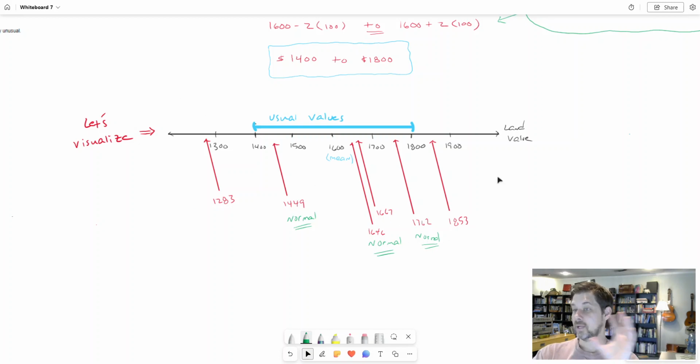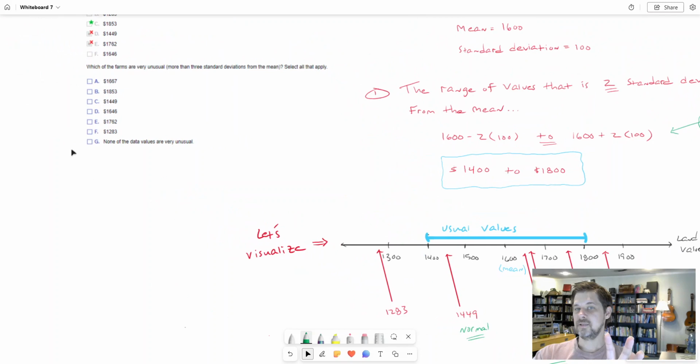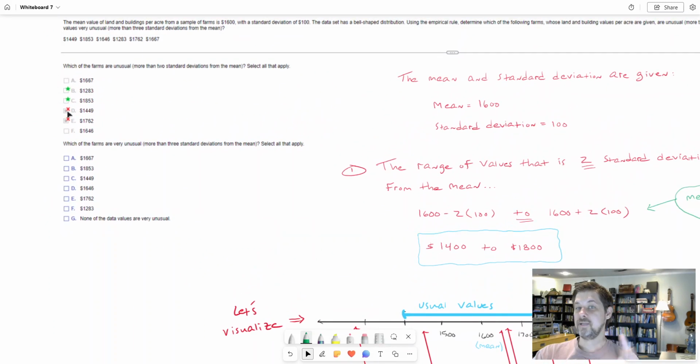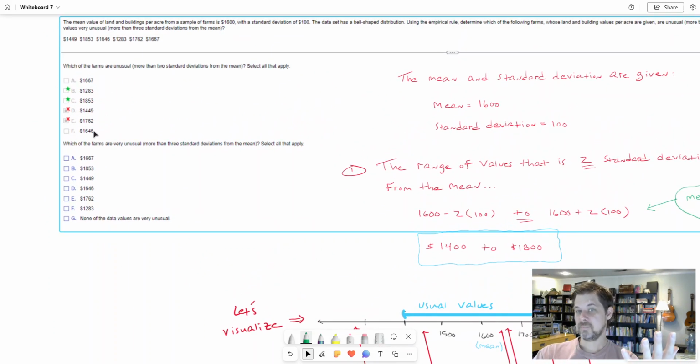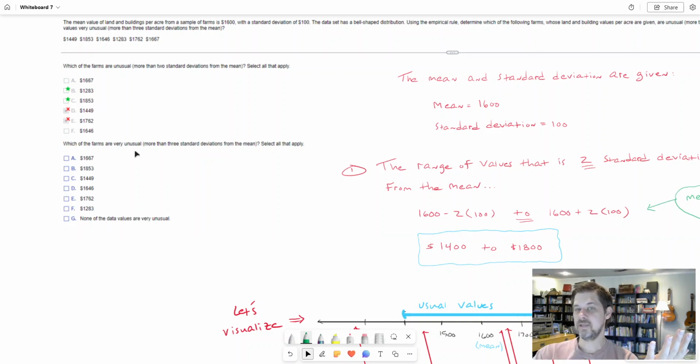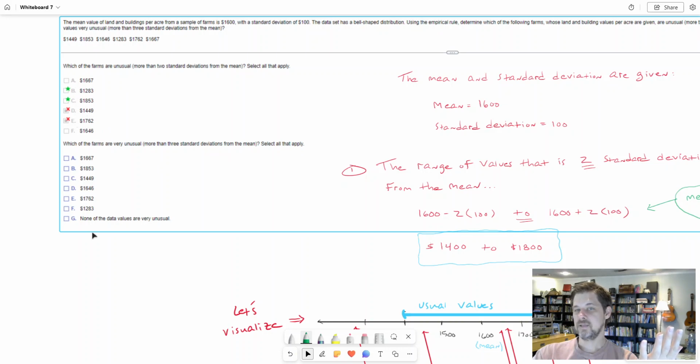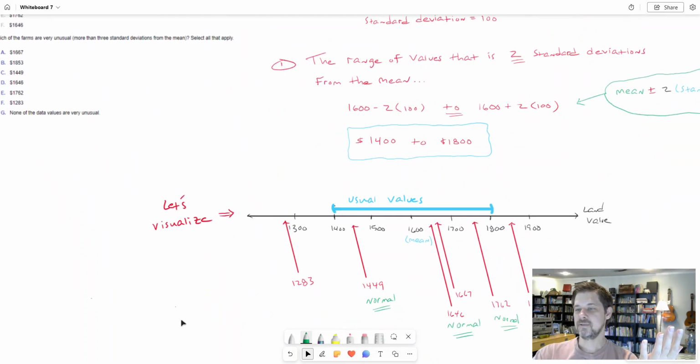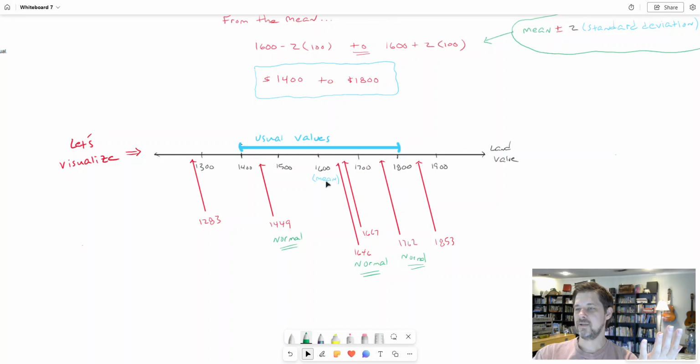What you're looking at here additionally are these prices, a bunch of different seemingly random prices. So which ones fall within the usual range and which ones don't? I took every single one of these and located where they would be to scale.